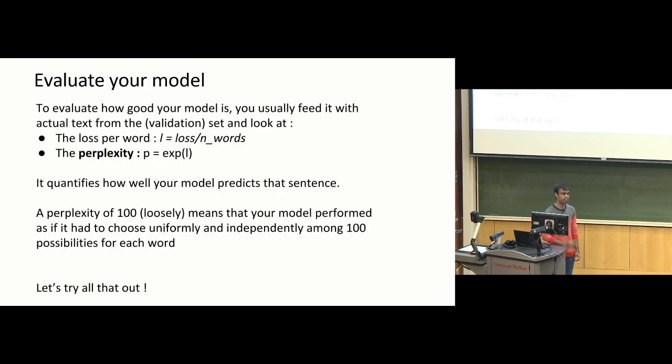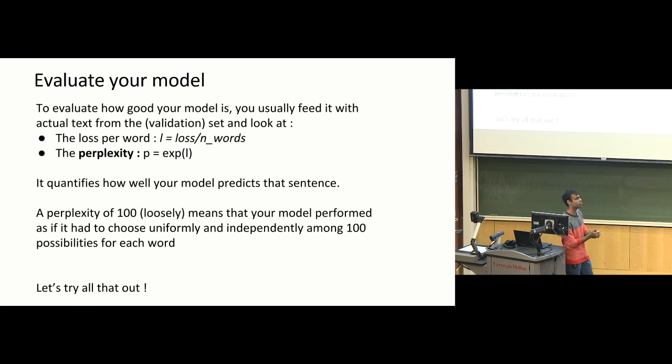So how do you evaluate an RNN model? A good way of evaluating it is something called perplexity, which is defined over here. A perplexity of 100 basically means that for each word there is a possibility of 100 different words, instead of that one word.